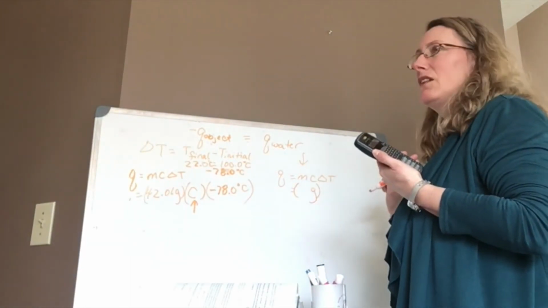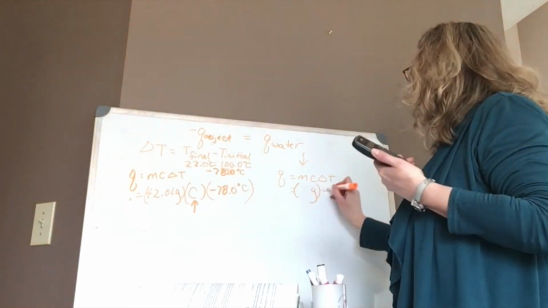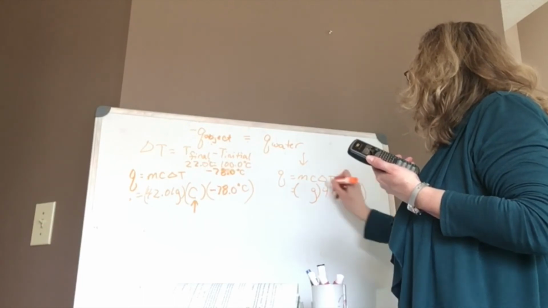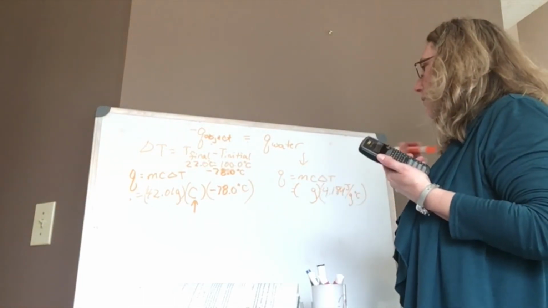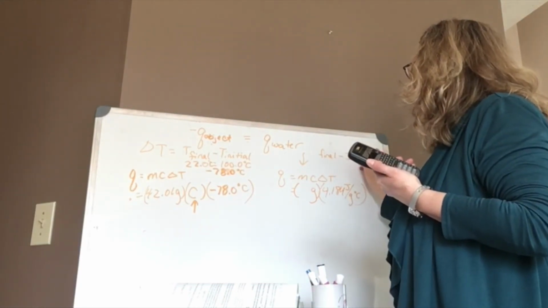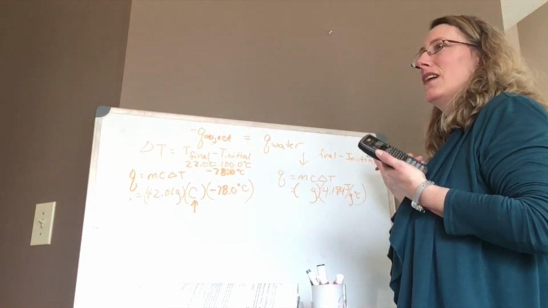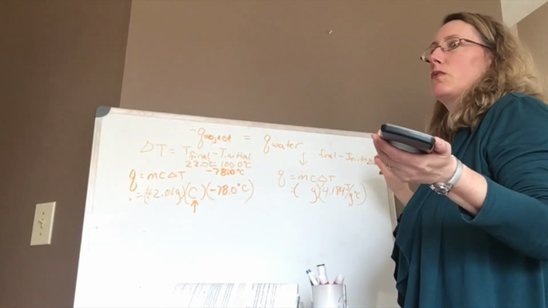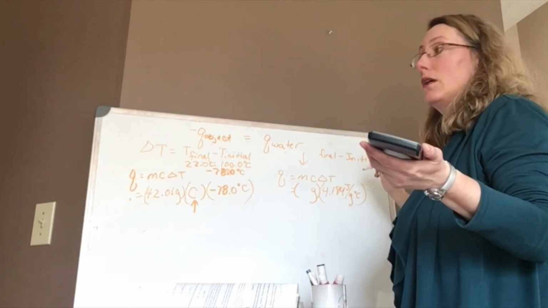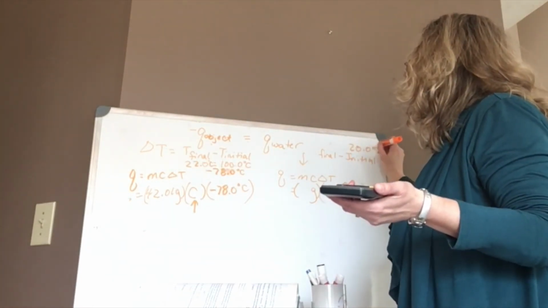So we're going to need our grams of our water. Do we know specific heat of water? 100 degrees. Close. It's 4.184 joules per gram degree C. What's our change in temperature of our water? What was our final minus initial? What did our water start out with when it was room temperature? 20.0 degrees Celsius.